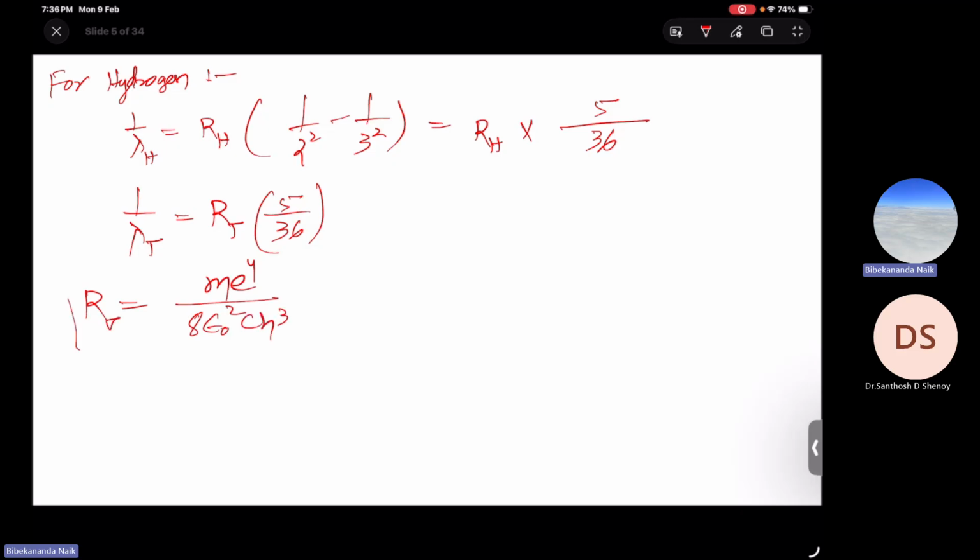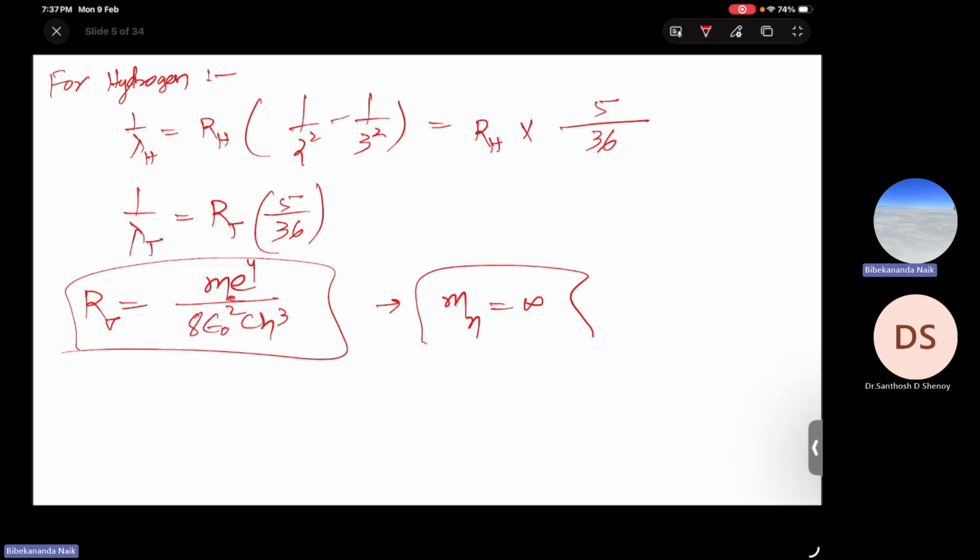So this is for R infinity, where the mass of electron is taken into account, where we assume mass of nucleus is infinite. But if you consider the finite mass of nucleus, then what will be the expression?